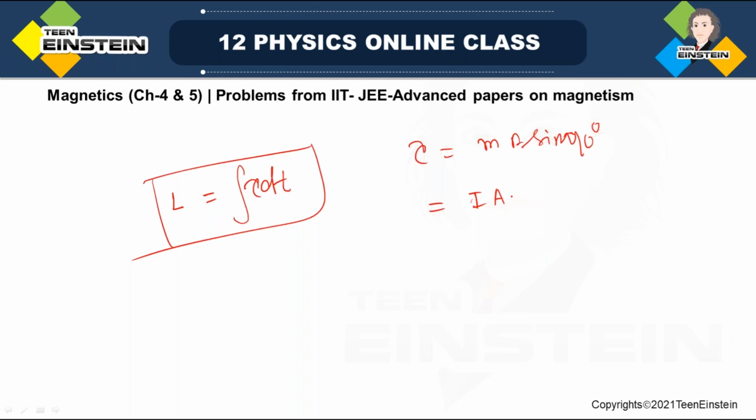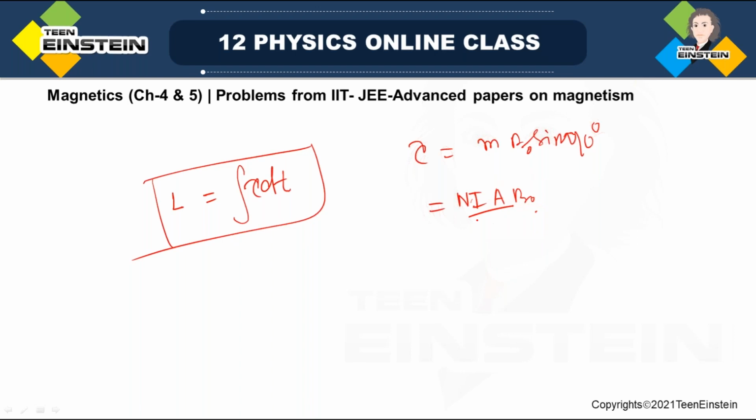There are N turns, so it will be N I A, and this is B0, and sine 90 is 1.